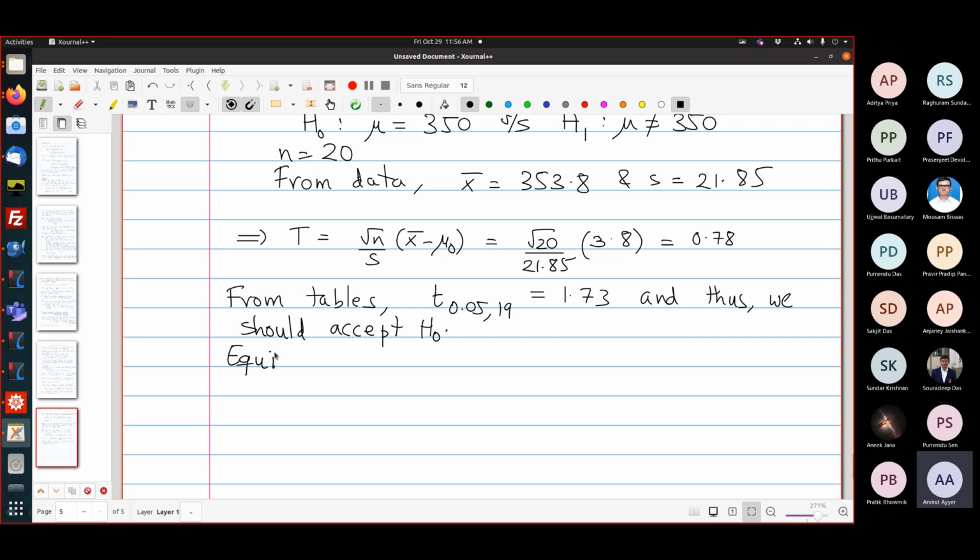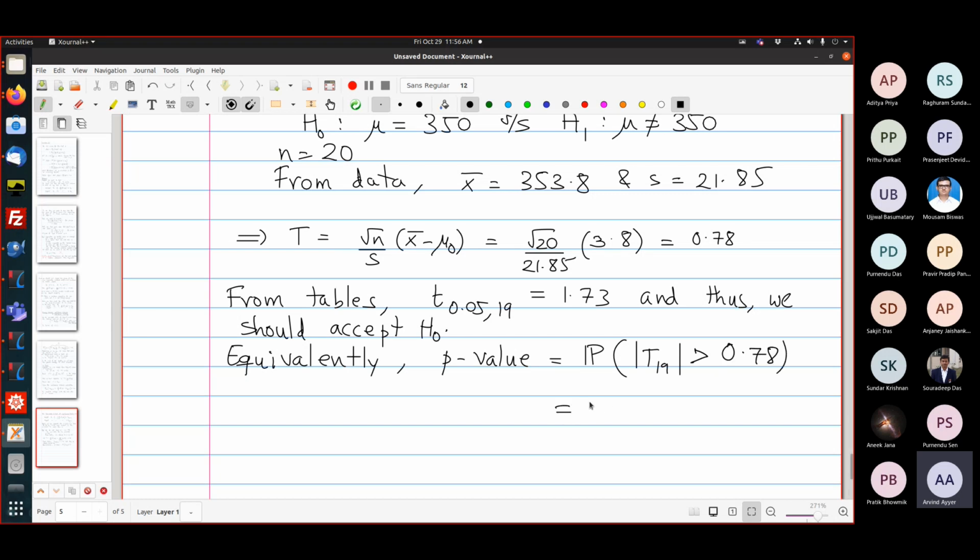Equivalently, let me just do this in terms of the p-value. The p-value is the probability that a t random variable with 19 degrees of freedom in absolute value is greater than 0.78, the statistic that we calculated.